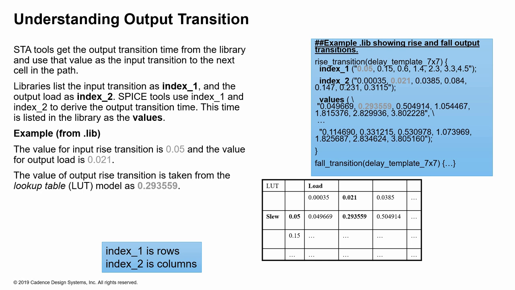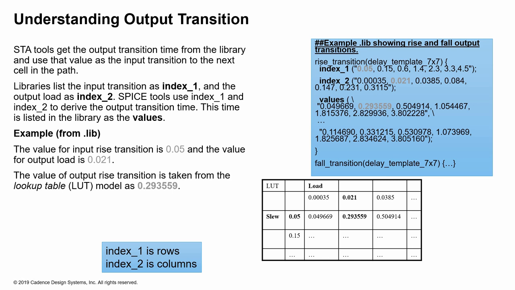based on the lookup table. For output transition, the example shown is plotted between output load and input transition. Based on the example, for an input transition of 0.05 and an output load of 0.021, based on the lookup, the value is 0.293559.